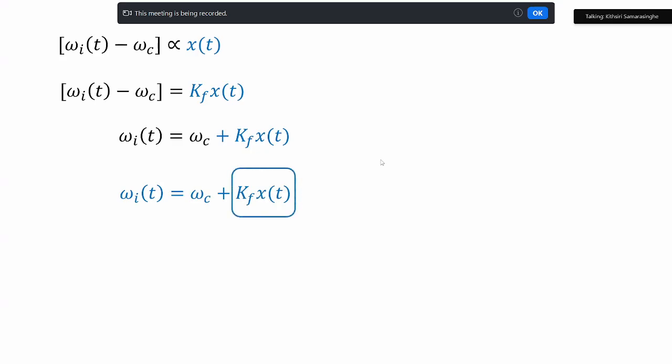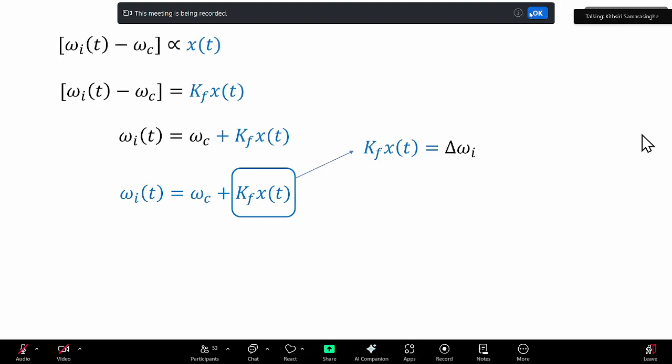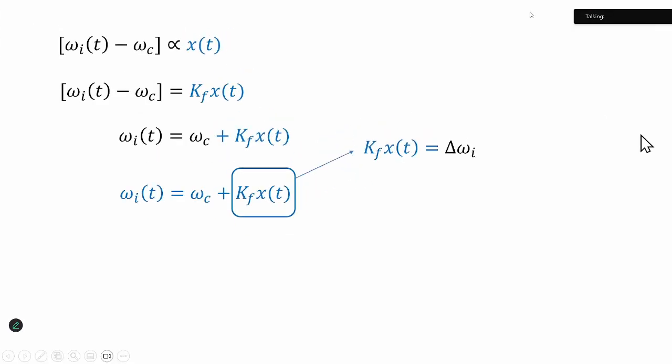So this kf times x(t) term, we call it delta omega. Change of angular frequency. Delta for the change, so change of angular frequency. i means instantaneous.